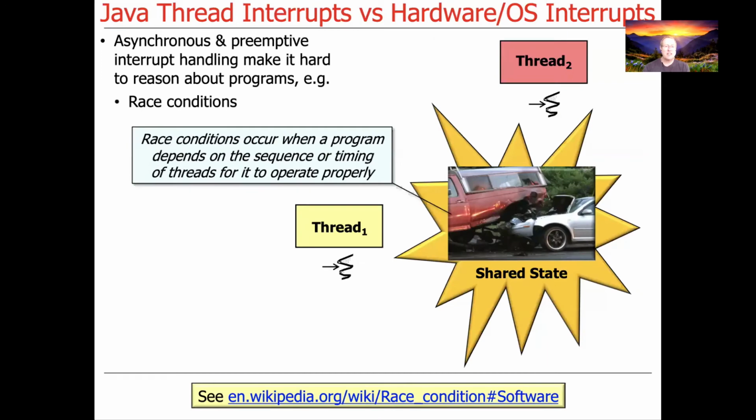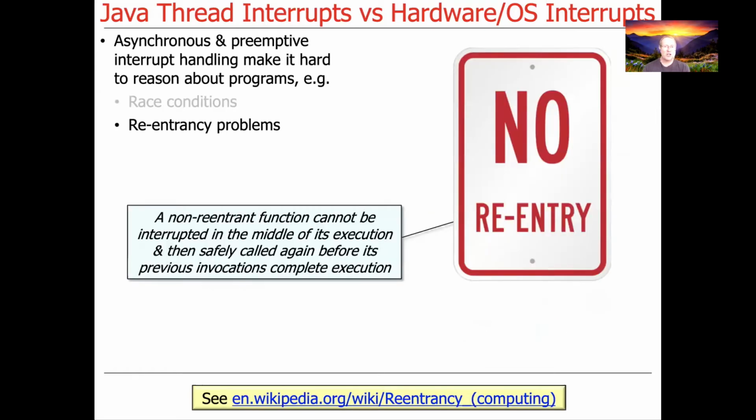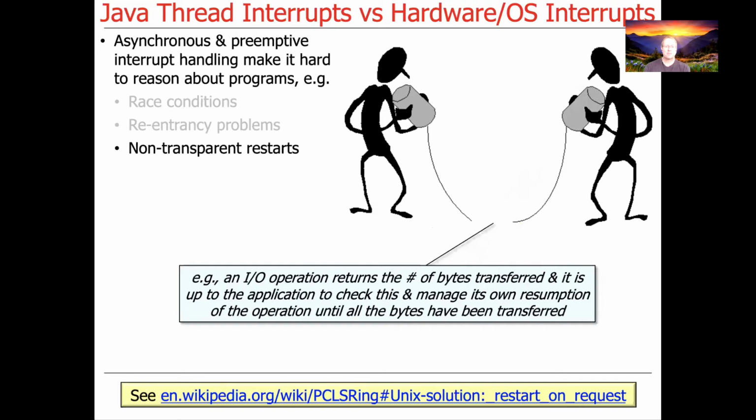That's because race conditions can occur in all kinds of situations where things are happening in interrupt handlers that you're not expecting to be called. There are also reentrancy problems, which means that if you have a function that uses static or shared data that's not properly protected, and it gets interrupted in the middle of its execution, and something changes the state so that when it resumes it's no longer in the state it was in before, that'll cause all kinds of problems.